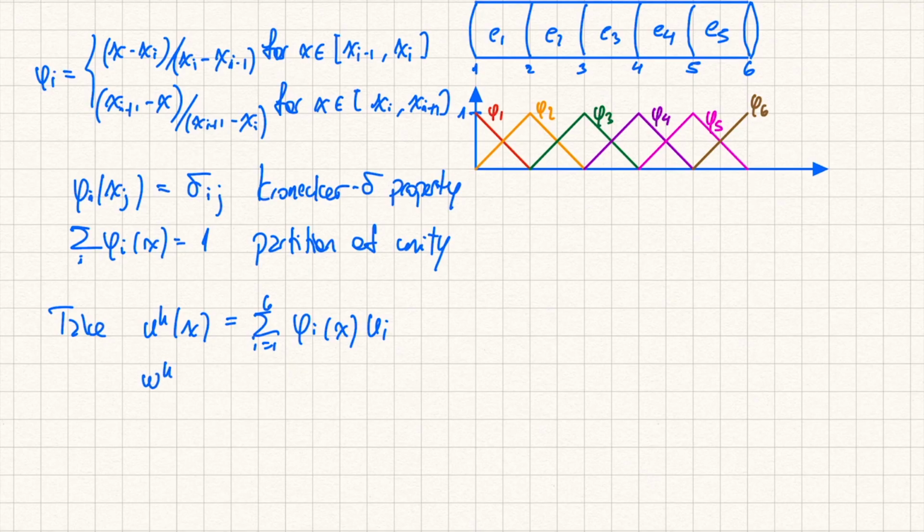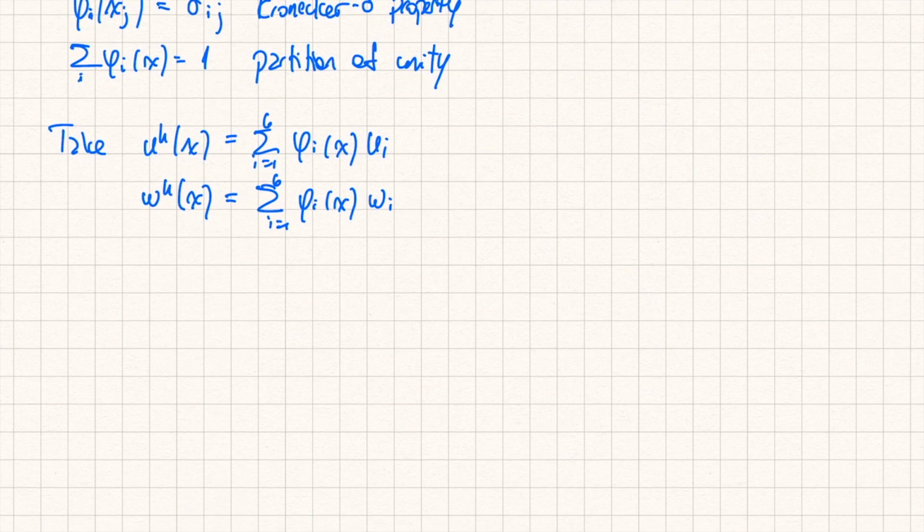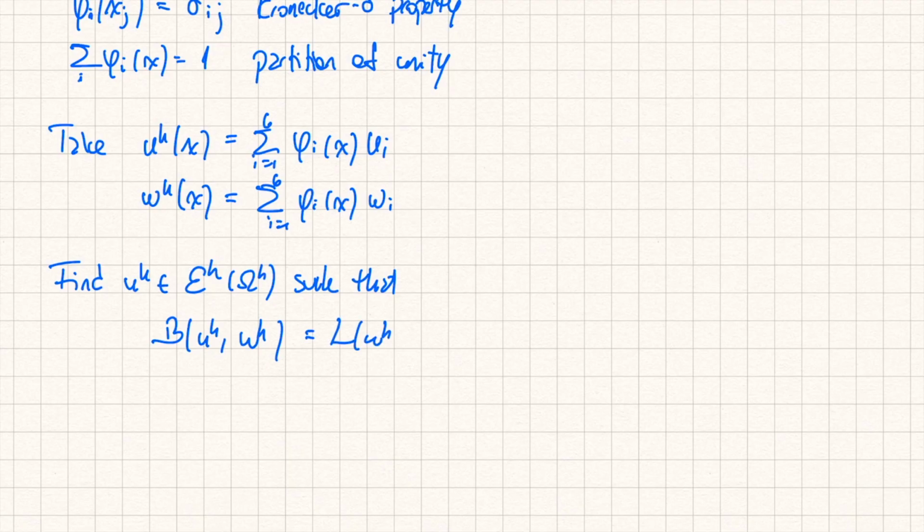So we're going to take our test function wh of x to be equal to the sum, I equals 1 to 6, of phi I of x, and that doesn't change, and now I have these coefficients wI. And by taking those two, we can formulate now our finite dimensional form of equilibrium, that again we can express in abstract form: find uh in that space that we called Eh of omega h, such that the bilinear form is equal to the linear form for all test functions wh in Eh of omega h. Okay.